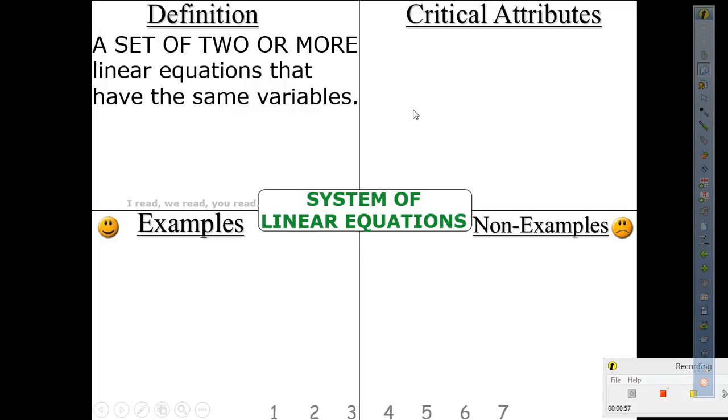Tell your neighbor the definition. A set of two or more linear equations that have the same variable.